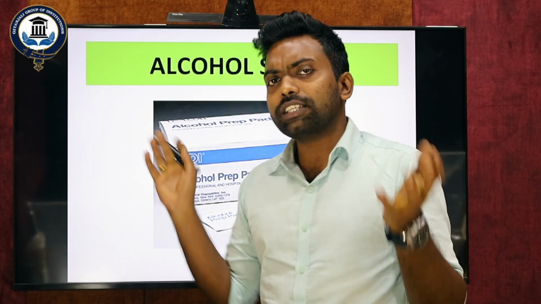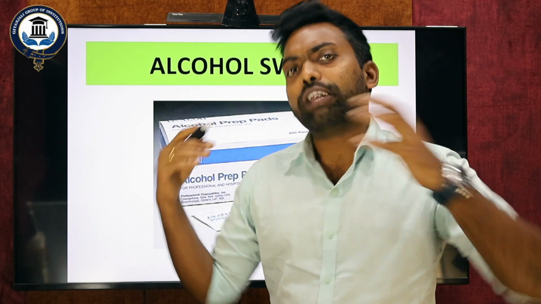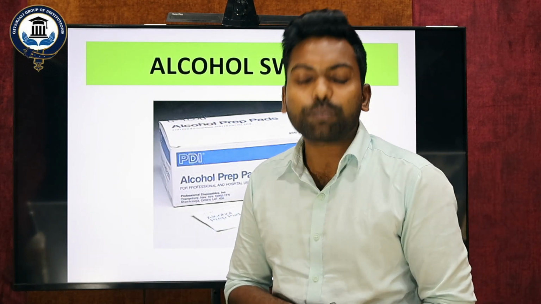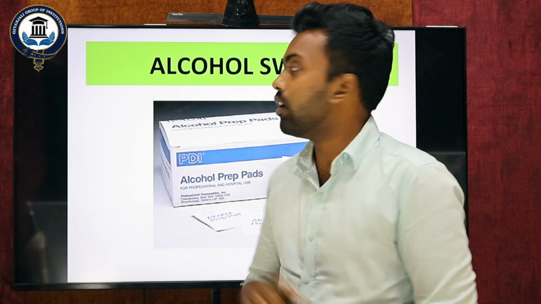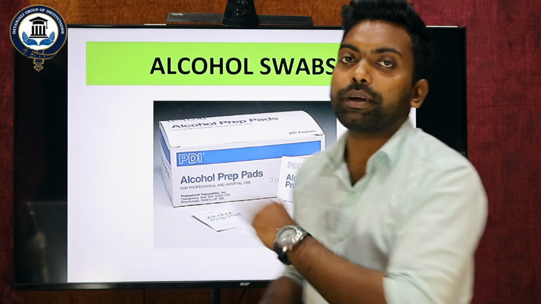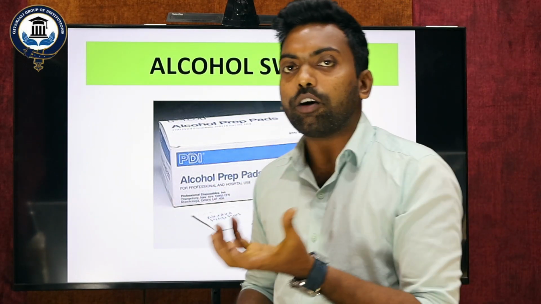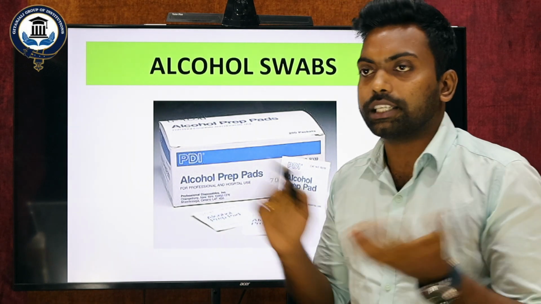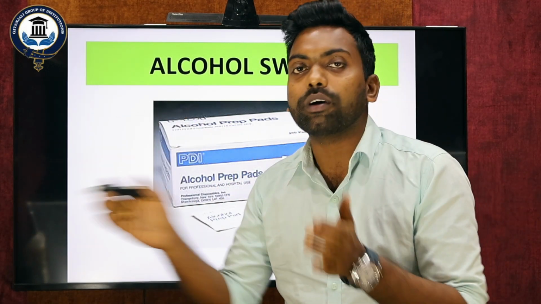Dear students, this swab is used not only for checking blood pressure but for whatever procedure we are doing in a hospital setup; for everything we need to use this alcohol swab. So what is the main purpose of this? For wiping and cleaning, for maintaining sterile technique of the stethoscope or other items, for the prevention of cross infection.